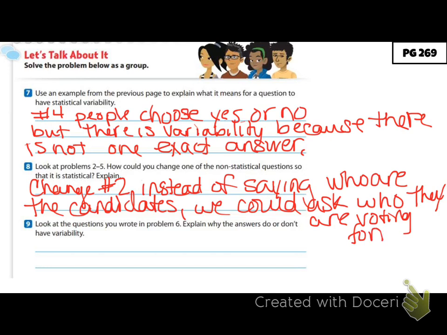So that way, instead of saying the 2 specific candidates and having it be a non-statistical question, if they tell us who they are voting for, that makes it statistical because the answers will vary from person to person.